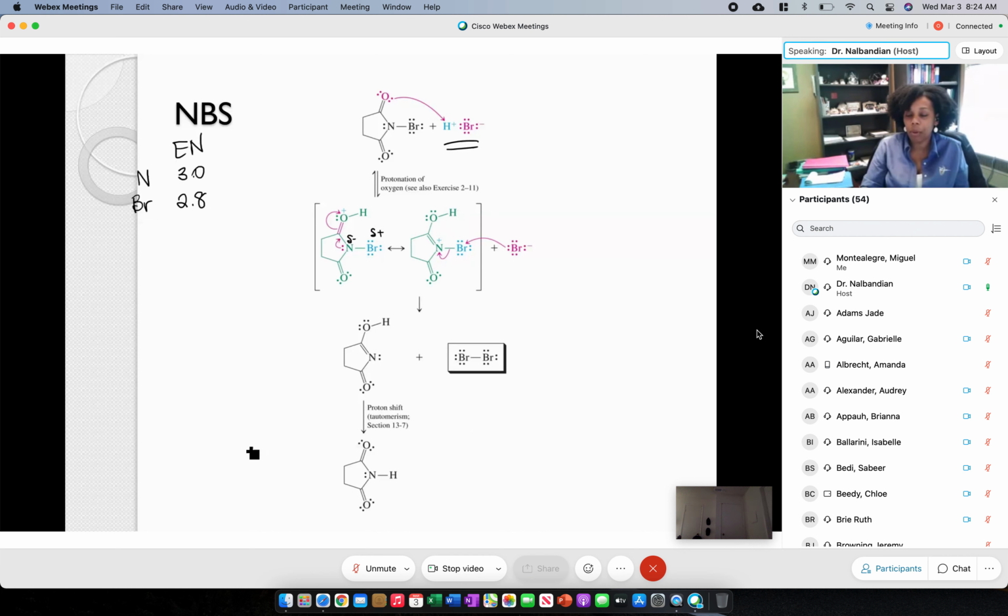So it's slightly polar. Not really, but we have a difference in electronegativity enough that when we draw the other resonance form where we get a positive charge on the nitrogen rather than a positive charge on oxygen, that's enough for us to be pulling away electron density, making this into an electrophile.